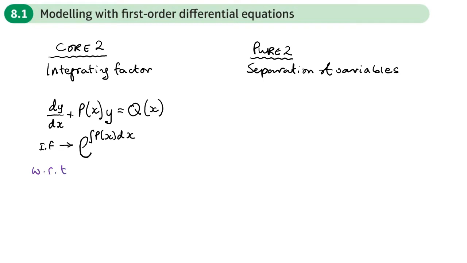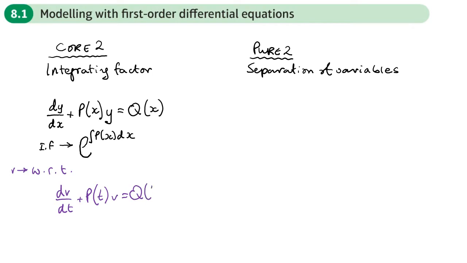So let's say, for example, that it was volume that we had with respect to time. So our differential equation might look something like this. If it was volume with respect to time, then you may see something like this, where V might be volume.